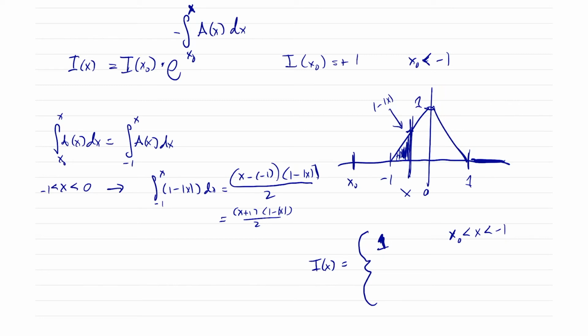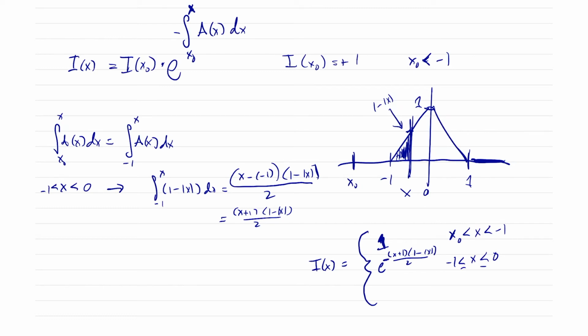And for x between -1 and 0, we are going to have e to the x plus 1 times 1 minus absolute value of x divided by 2. And we're going to have a minus sign in front of that.